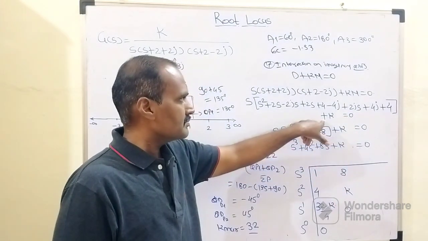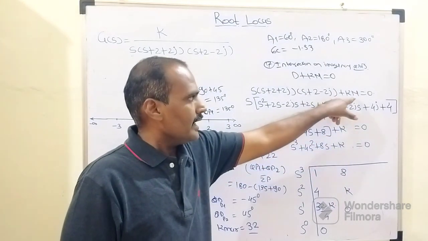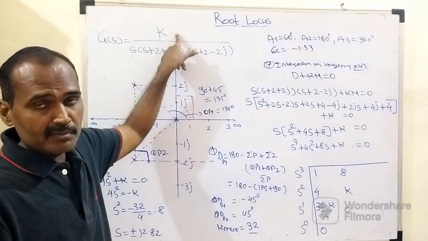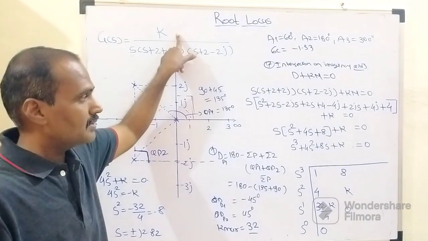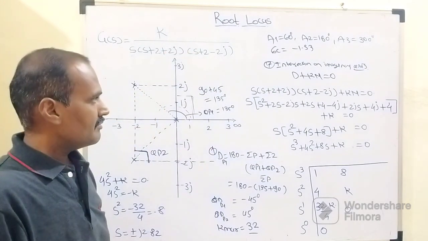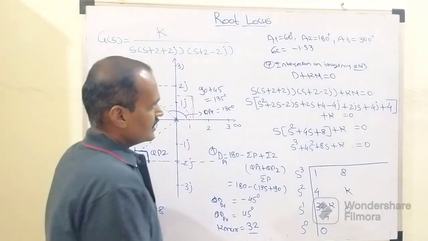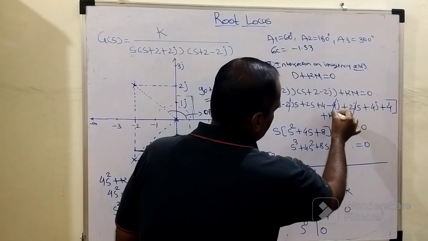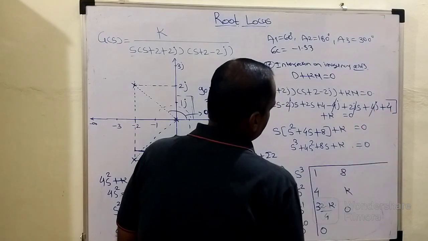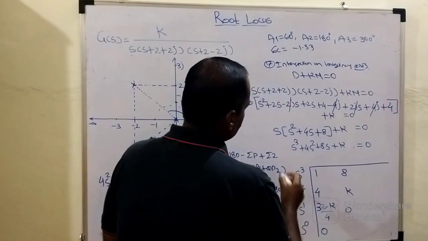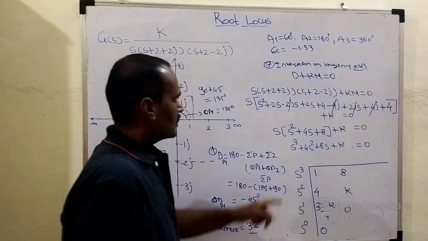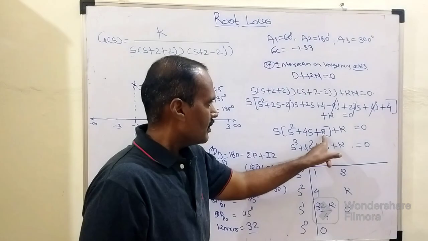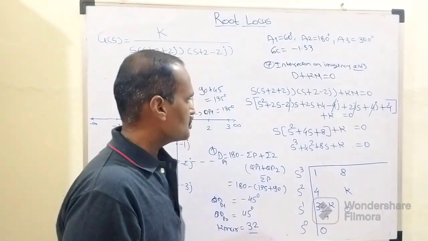The remaining terms: plus k, and the numerator polynomial equals 1, since we don't have any s term in the numerator. Now this minus 2js plus 2js gets cancelled, and this minus 4j plus 4j also gets cancelled. The remaining term is s square, this 2s plus 2s is 4s, this 4 and this 4 equals 8, plus k equals 0.